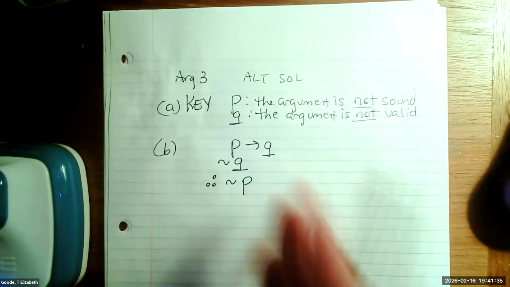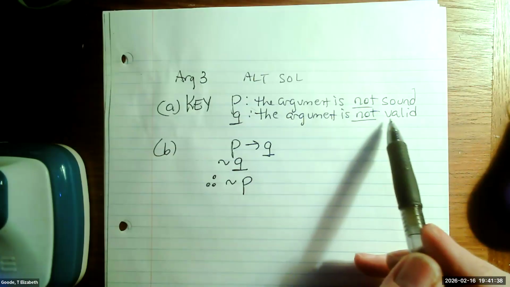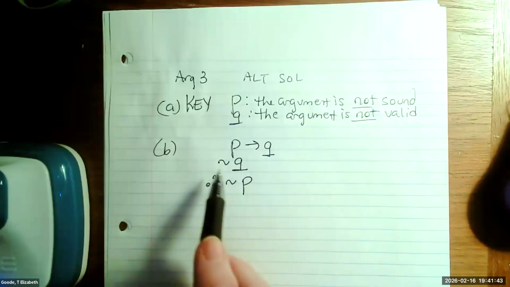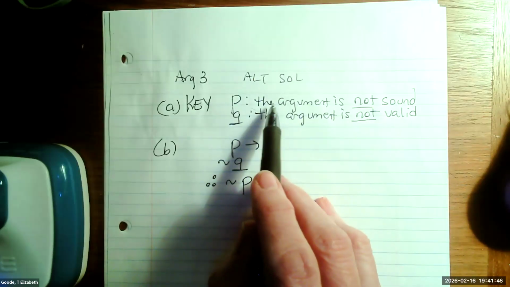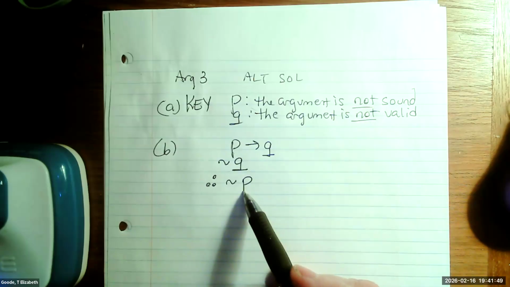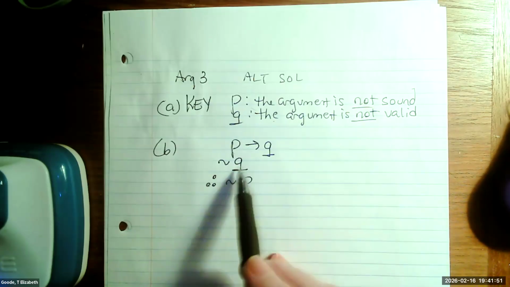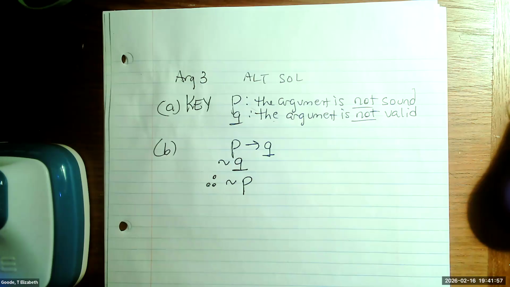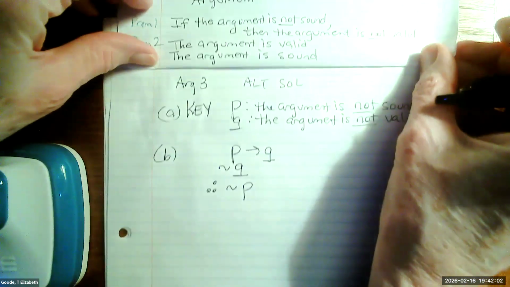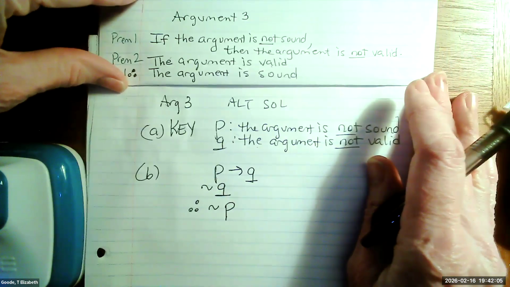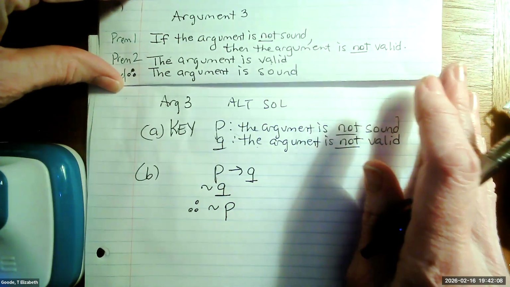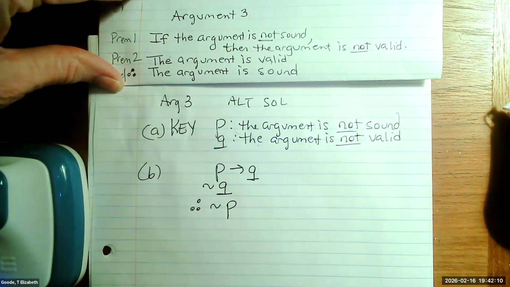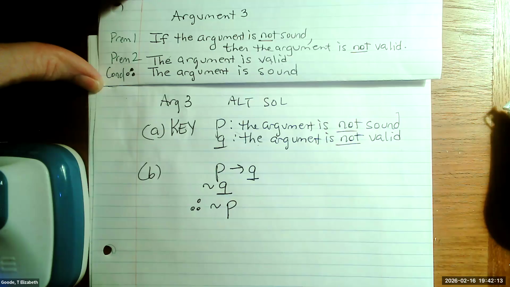Or if you did it this way, it turns right out, but you have to understand that the statement, the argument is sound, is the negation of the argument is not sound. And the argument is valid is the negation of the argument is not valid. See? I said those in the wrong order, but here's the problem right there. Does that help? Yes.